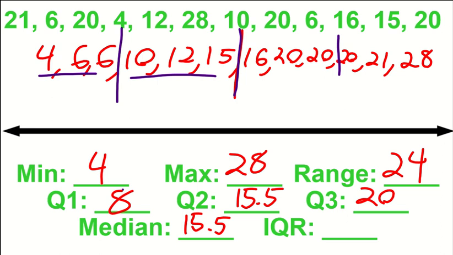Interquartile range is going from here to here. So we subtract 20 minus 8 gives us 12. All right. Cheyenne, when you said 7.5, you did Q2 minus Q1. All right. Any questions on that? This will be pretty easy when you get the hang of it, if it's not already pretty easy, right?